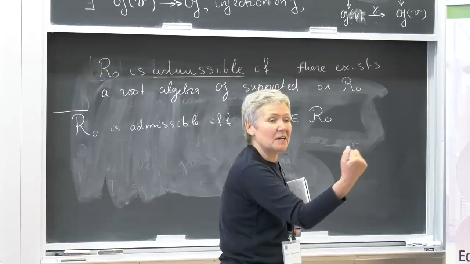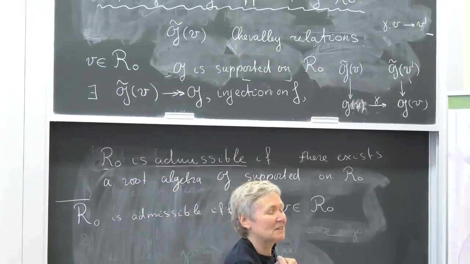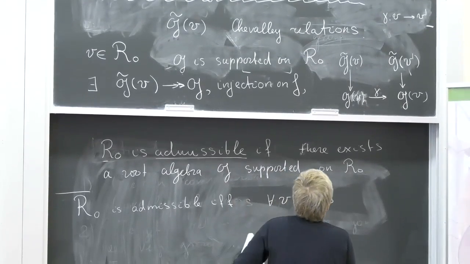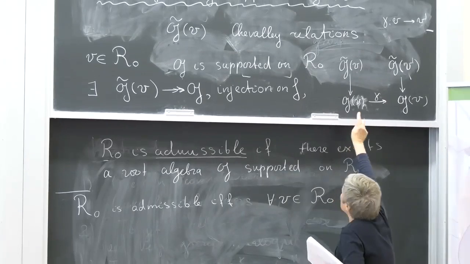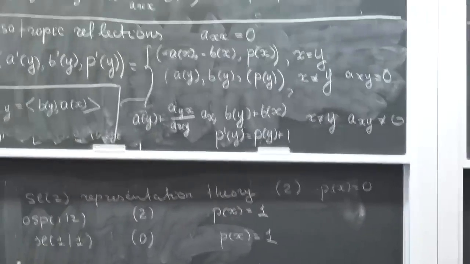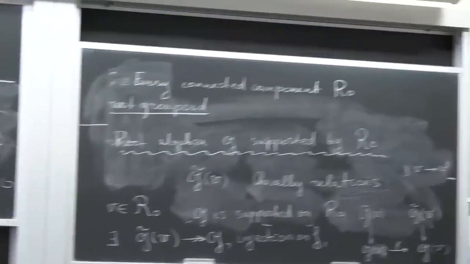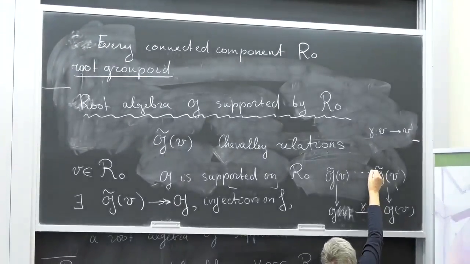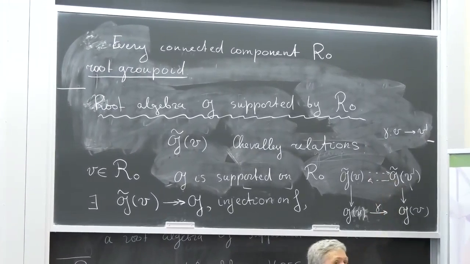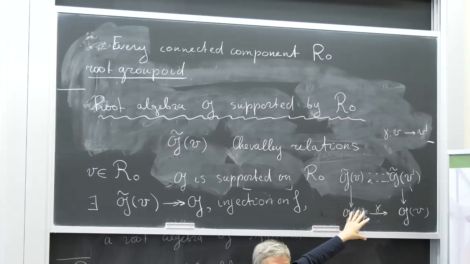There are arrows in both directions, but they are not isomorphisms. In principle I do have arrows here, but they are not an isomorphism.